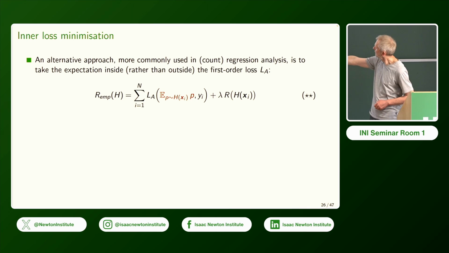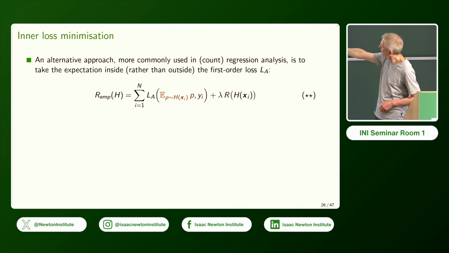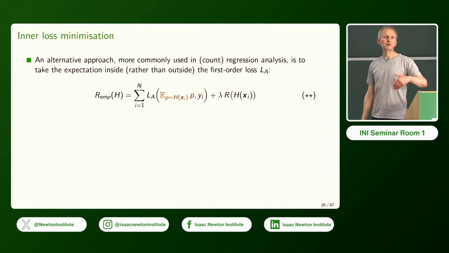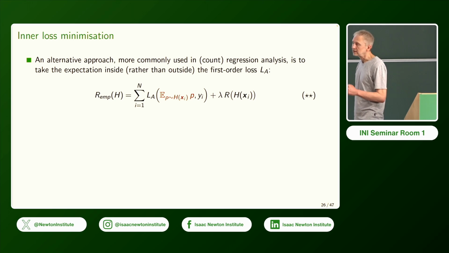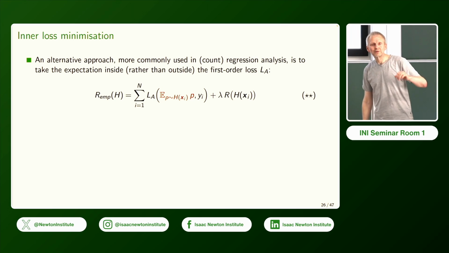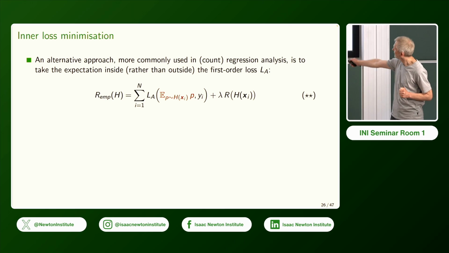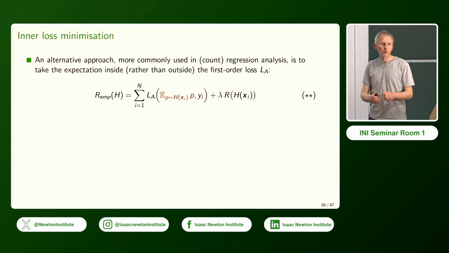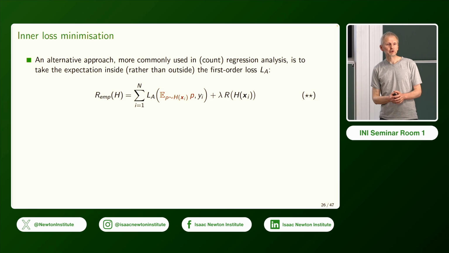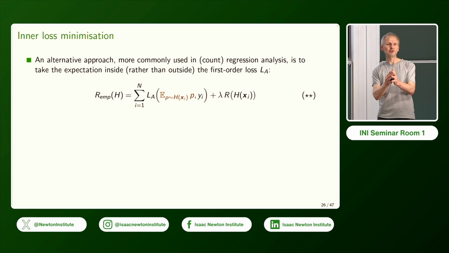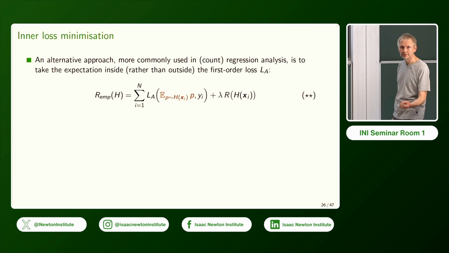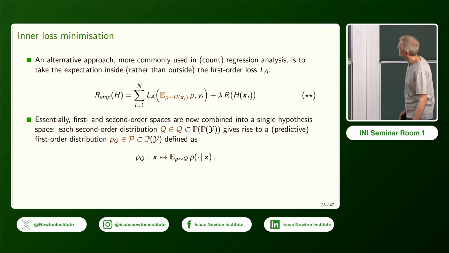You have a second order prediction h of x_i, and then you take the expectation inside, and then you apply the standard first order loss to penalize. And this probably also looks a bit weird, because by taking the expectation here, we remove basically all information about the epistemic uncertainty, because we reduce again, in a sense, to a first order distribution.